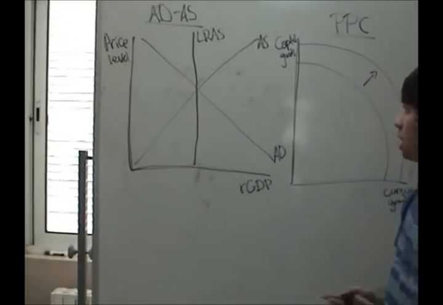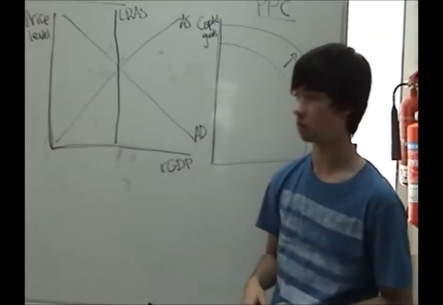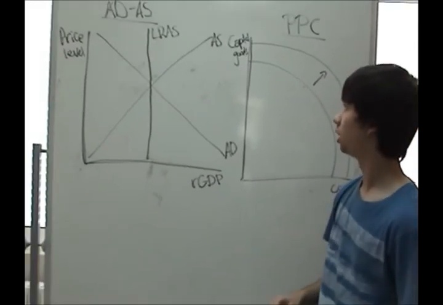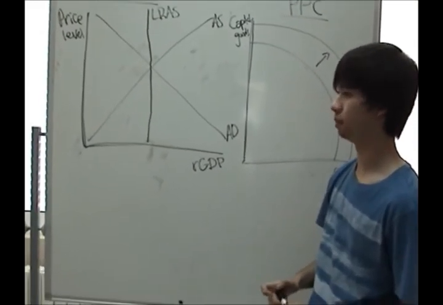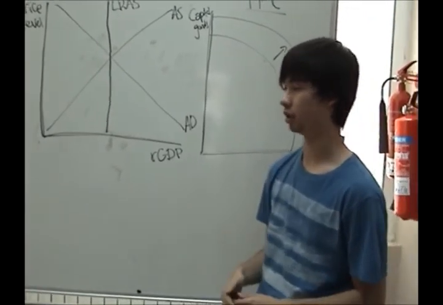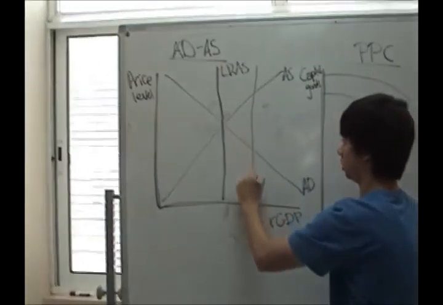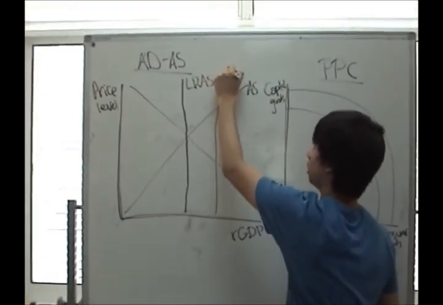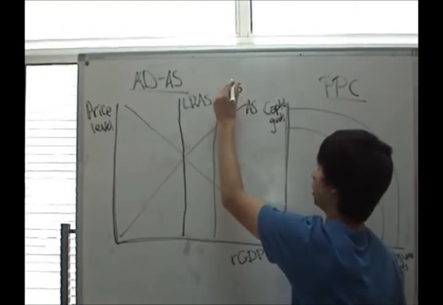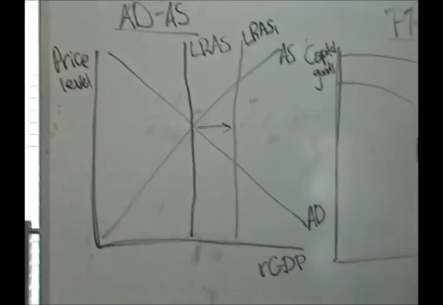Factors that can shift the LRAS curve is business investment, which means that businesses invest in capital goods so that their production increases. So that would shift the LRAS curve to the right.